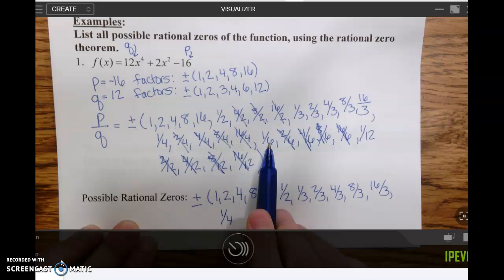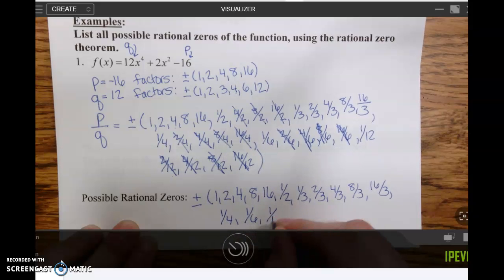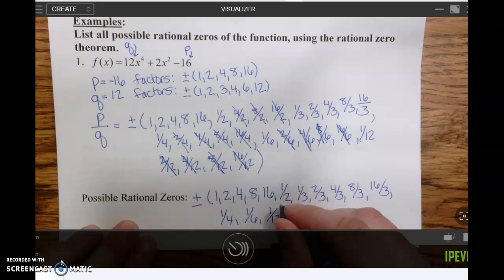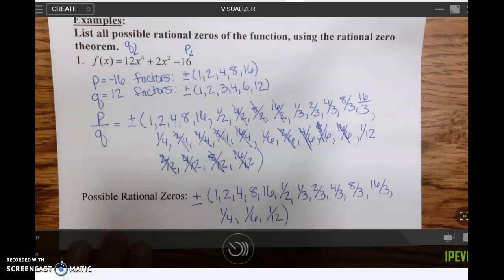These are all crossed out. 1/6, 1/12. Alright, and I'm not forgetting anything. So that's our list of possible rational zeros.